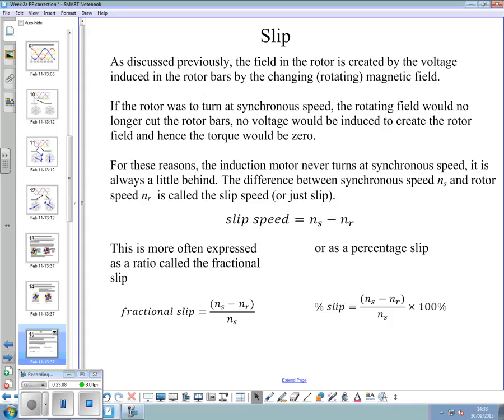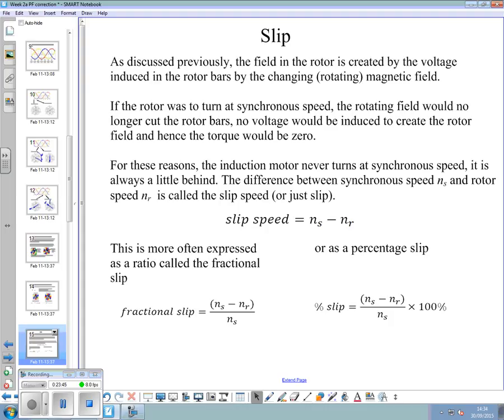Slip. Right. So we're coming back to this situation of the difference in speed between the moving field and the speed of the rotor. As discussed previously, the field in the rotor is created by voltage induced in the rotor bars by the change in rotating magnetic field. If the rotor was to turn at synchronous speed, the rotating field would no longer cut the rotor bars, no voltage would be induced to create the rotor field, and hence the torque would be zero.